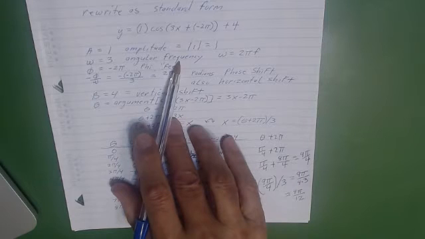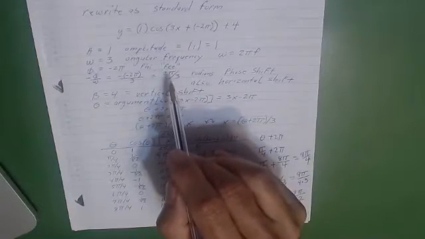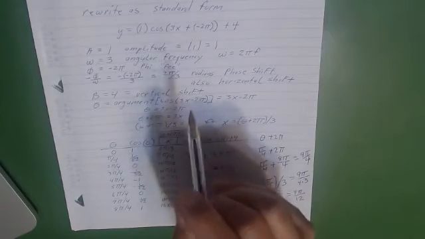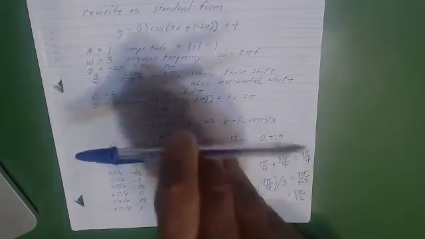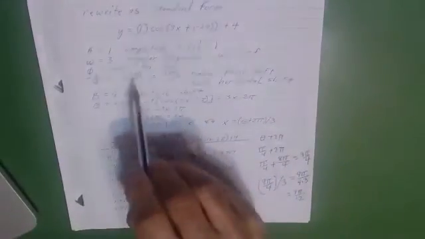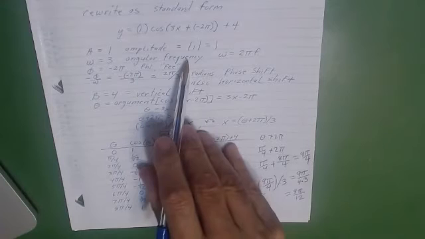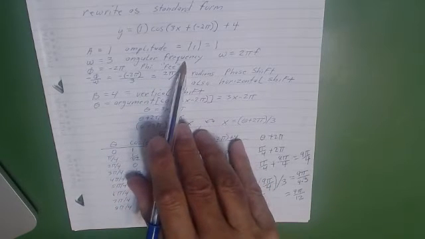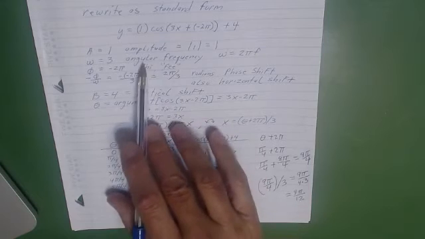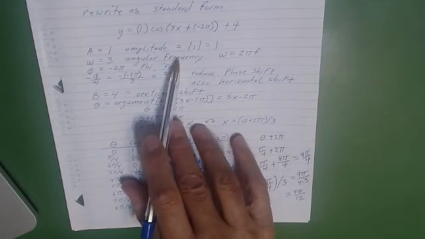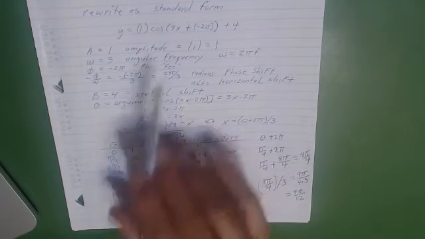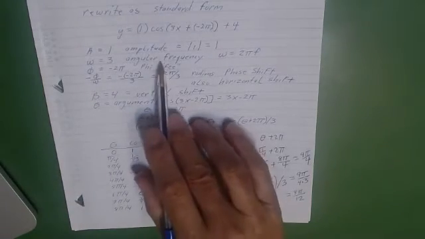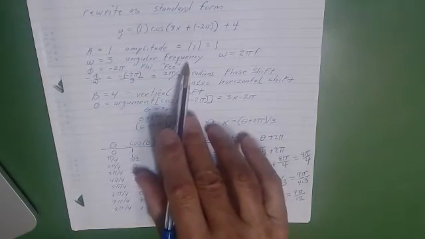It doesn't tell you anything about the direction per se, but we know from standard form that positive is a counterclockwise rotation. So angular frequency is like saying angular speed, okay? And angular velocity and angular speed are the same thing, except when you say angular velocity, you would have to state clockwise rotation or counterclockwise. Angular frequency is just how fast this thing is changing.